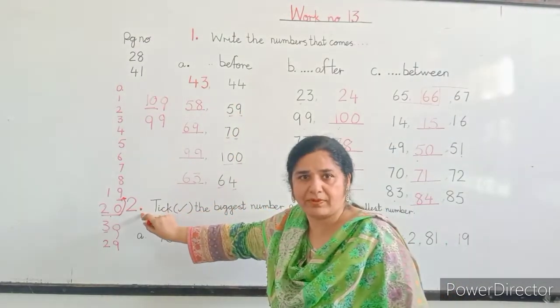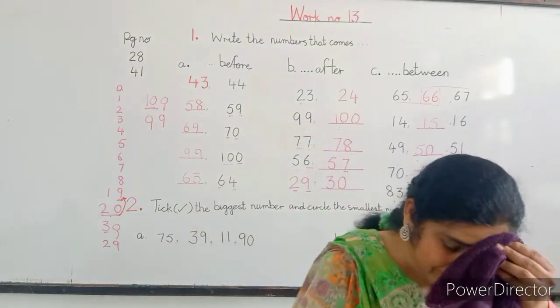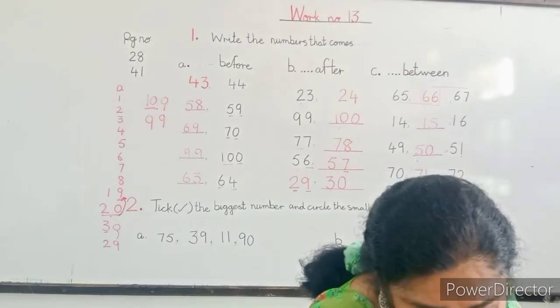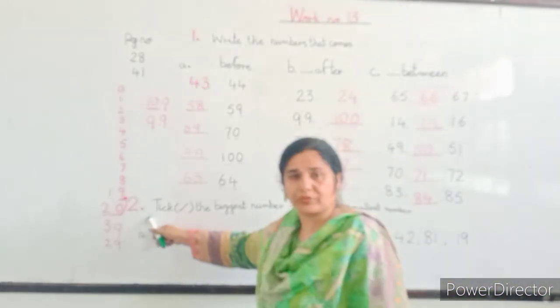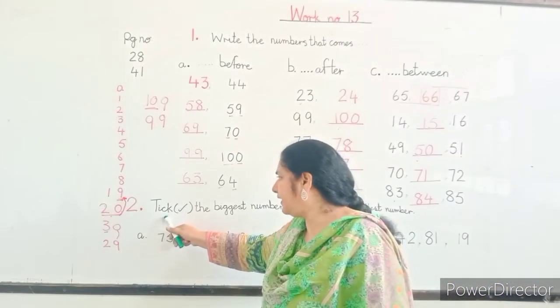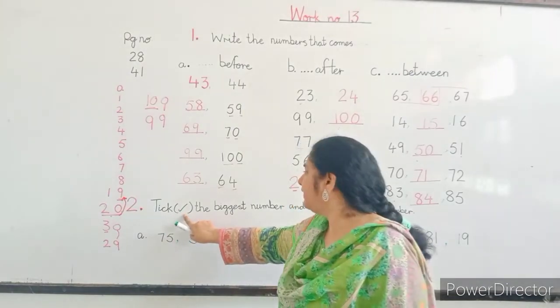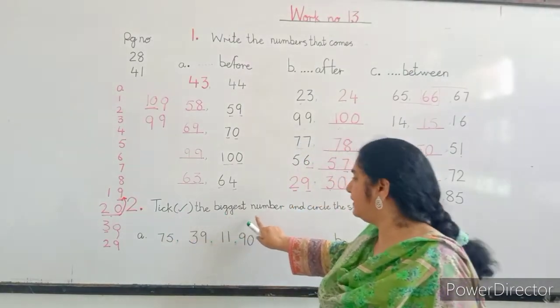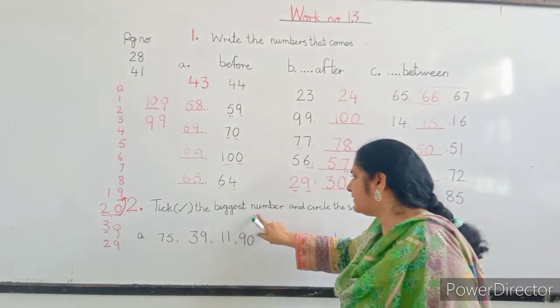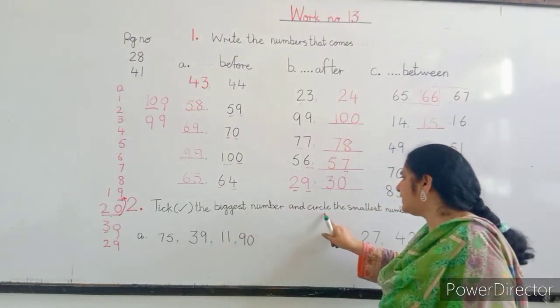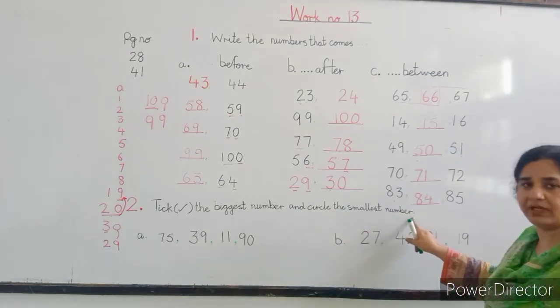Now we have question number 2. Right. Now look here. Okay. Read this question. Tick the biggest number and circle the smallest number.